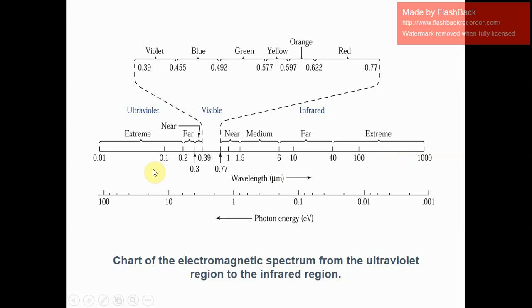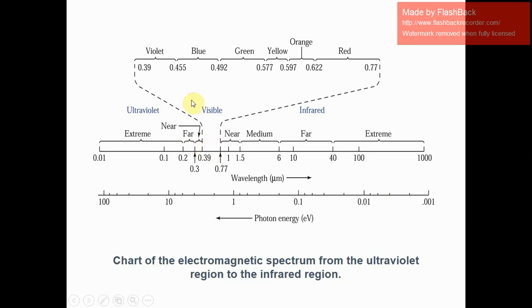As you can see, when we go from left to right, the wavelength is increasing, and the photon energy in electron volts is reducing. That is, it varies inversely as the wavelength increases and the photon energy reduces. So this has a reciprocal relationship.